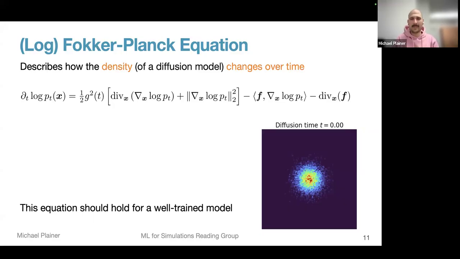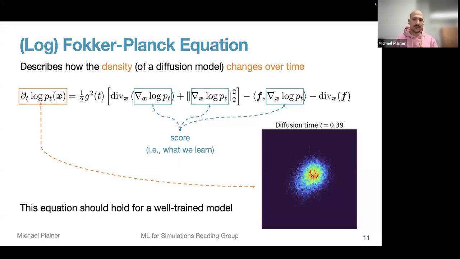So this is the Fokker-Planck equation in the log form, framed for the stochastic differential equation of the diffusion model we already have. On the left-hand side, we have our partial t log p_t(x), so how our density changes over time. And on the right-hand side, we have the score a few times. So this is what we learn.